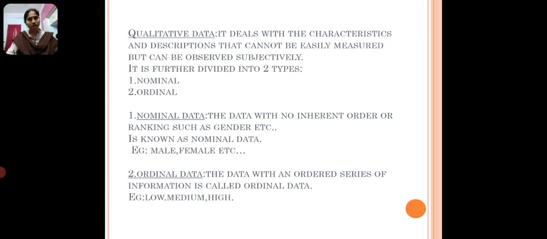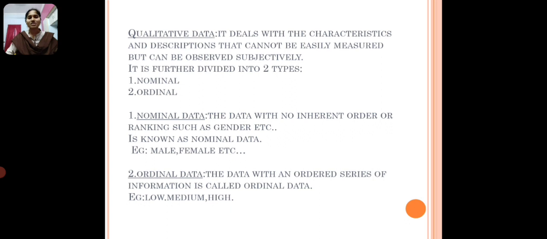It is further divided into two types, nominal and ordinal. Nominal data is data with no inherent order or ranking. If there is no order for the data, then it is nominal data. If there is a certain order for the data, then it is ordinal data. An example of nominal data is male, female.